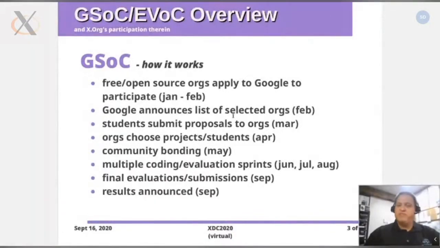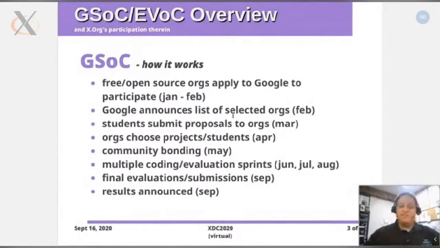And around the January, February timeframe each year, organizations apply. I believe 600 applied this year, roughly. Anyway, so around January, February, the administrator, which would be, in my case, me, would apply, fill out the forms and whatnot. And then around the end of February, Google announces the list of selected organizations.